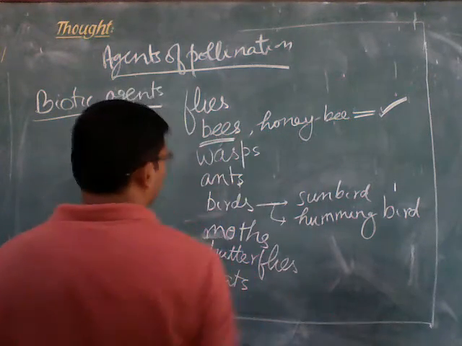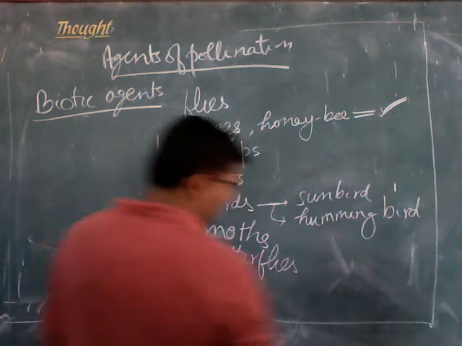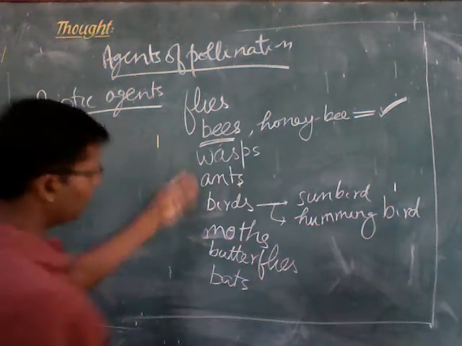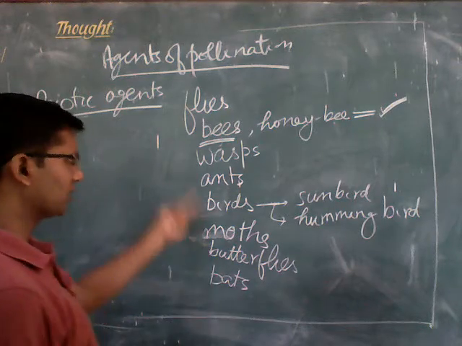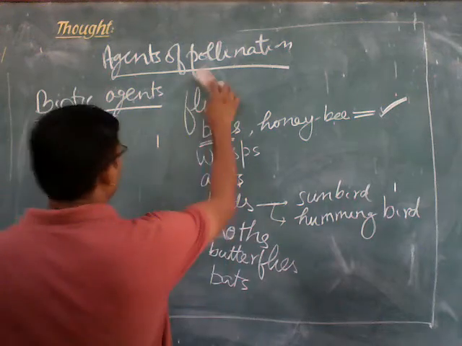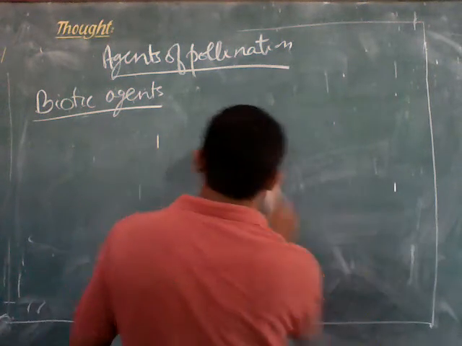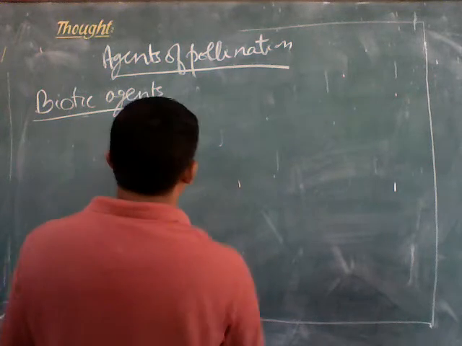So they are the major ones, right? So after these small organisms and small birds, there are some more organisms which help in pollination. What are those organisms?